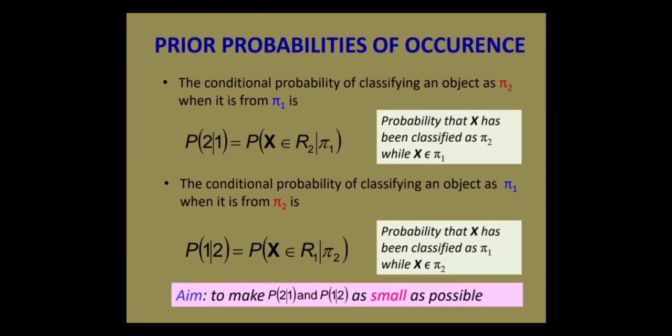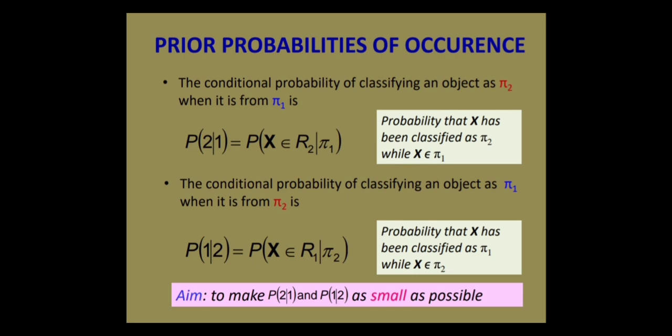Okay, so how we find the next one is, what is the formula of the prior probability of occurrence. We should express it as a conditional probability.